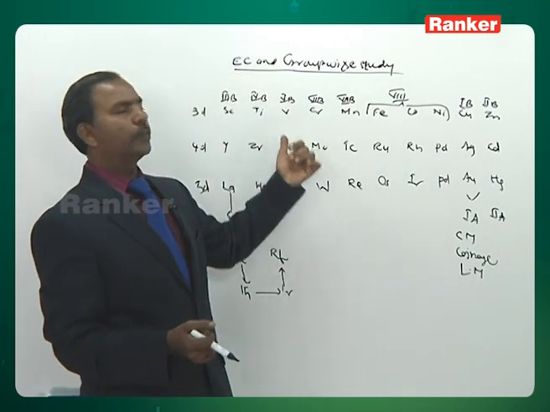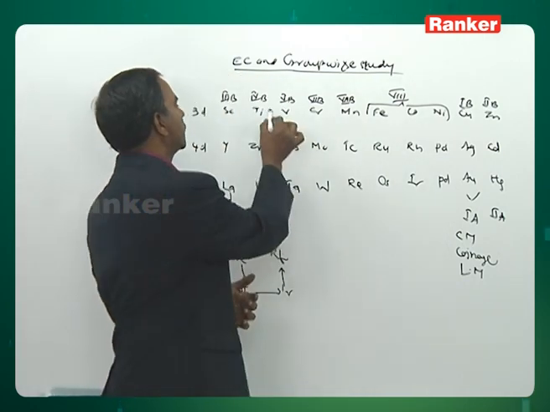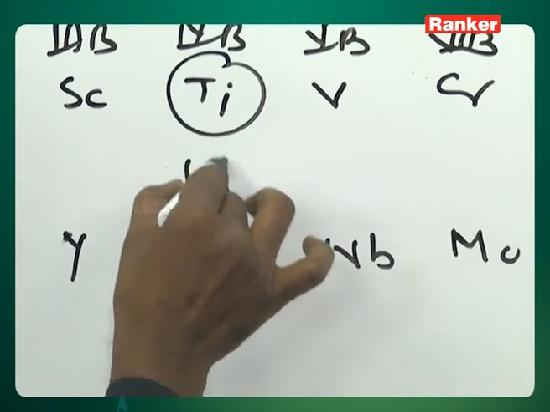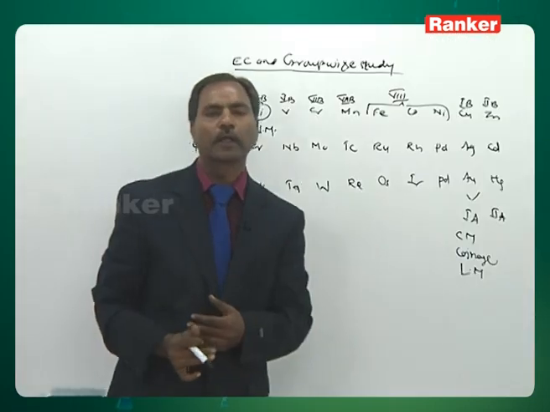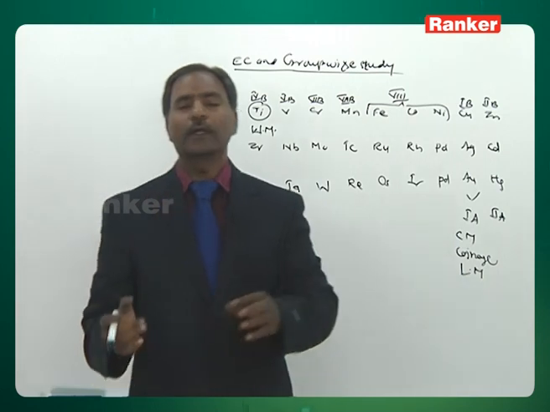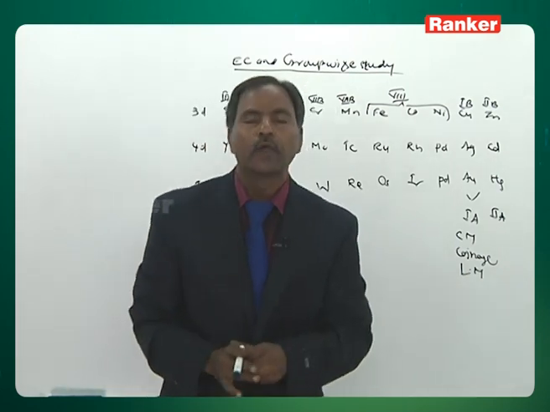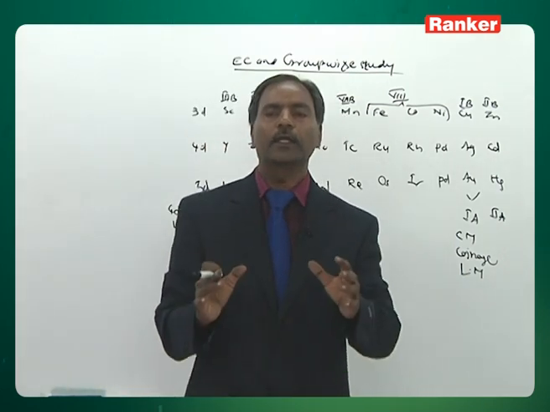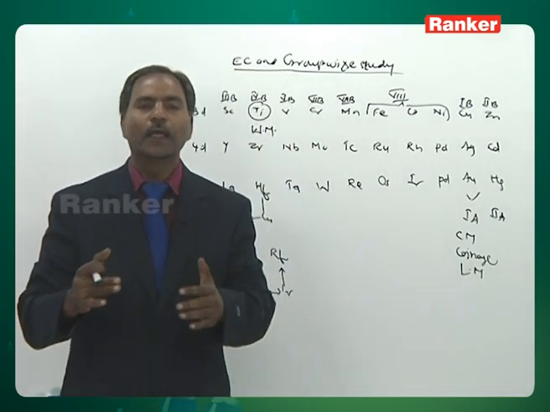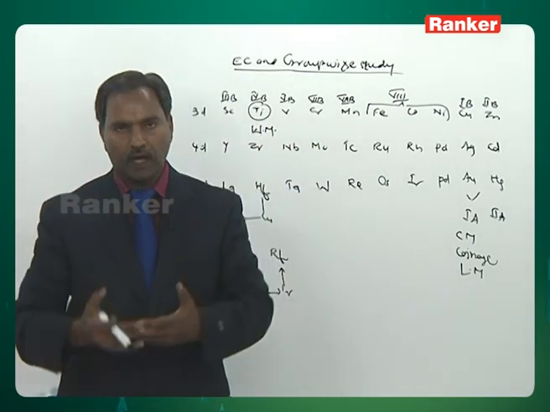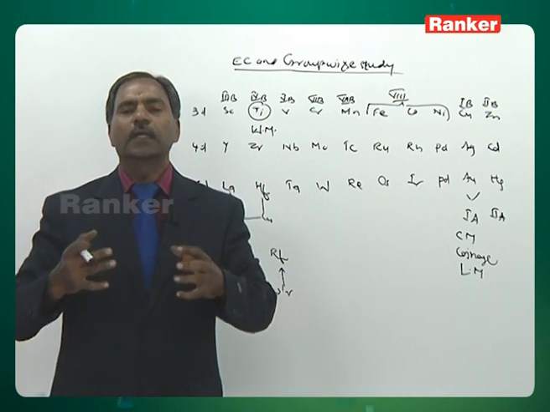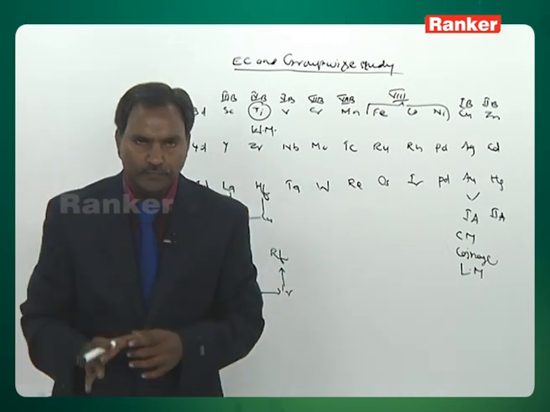Now, in the fourth B group, titanium is commonly known as wonder metal. Why is it known as wonder metal? Because it has some unique properties. Its melting point is very high, and it is a very hard metal.